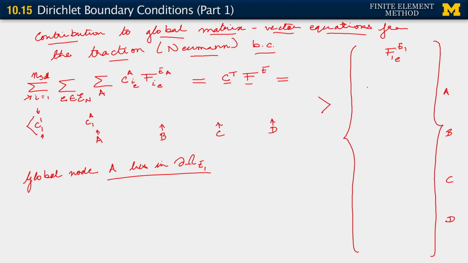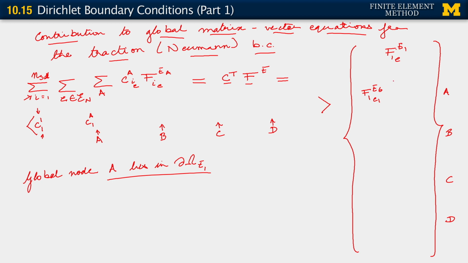So we would have a contribution from element E1, and the contribution from element E1 would be F T bar, local node 6, spatial dimension 1, element E1.